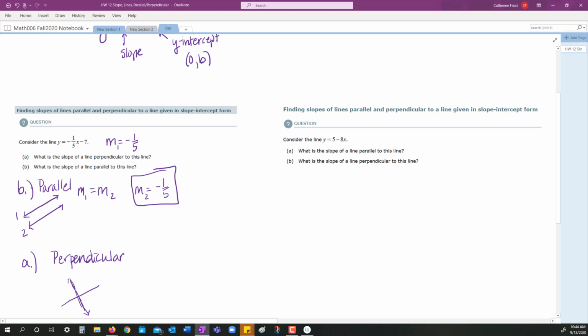In some sense, it's like they're going opposite directions, but not exactly. So let me say this is line 1 and this is line 2. Then with your original slope, you're going to have to do the opposite. I think of it as the negative reciprocal.